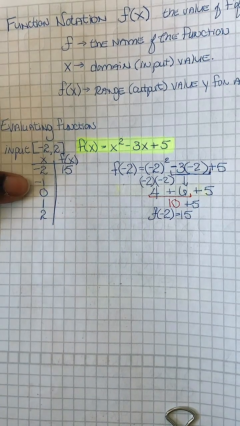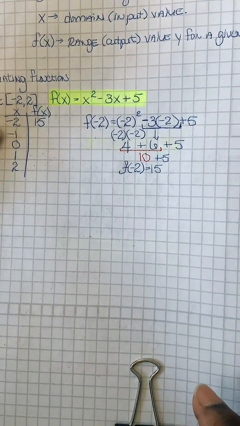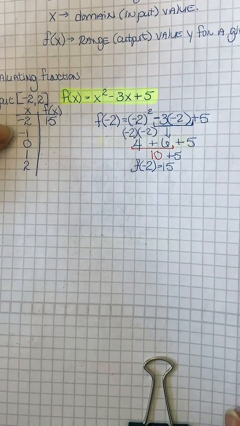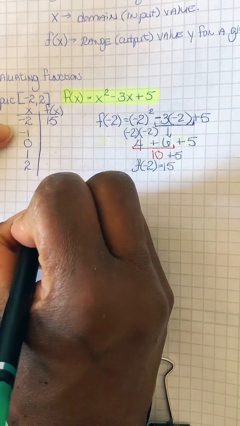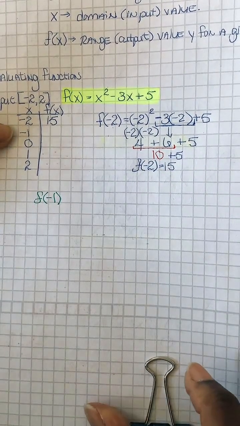So now we have f of -1. Let me see if I can change colors here. So we have the f of -1. Think you guys can see it?